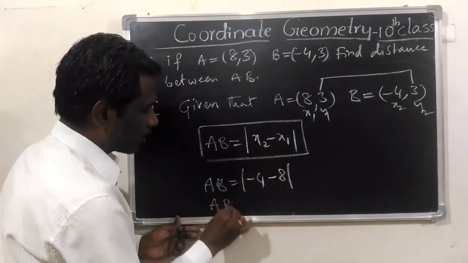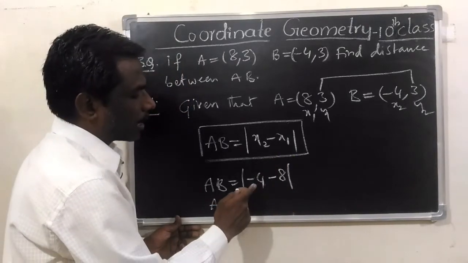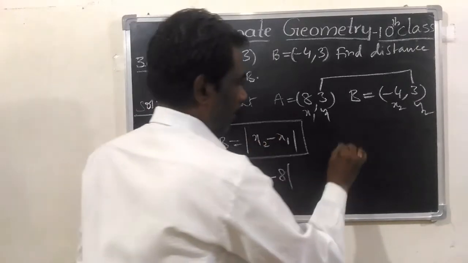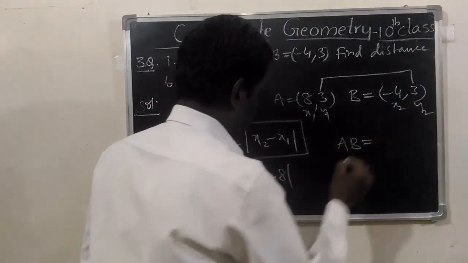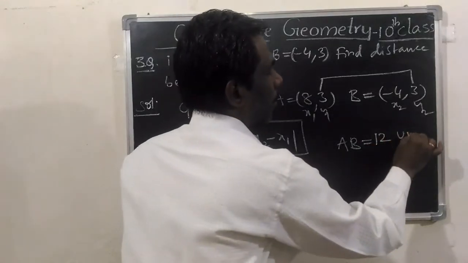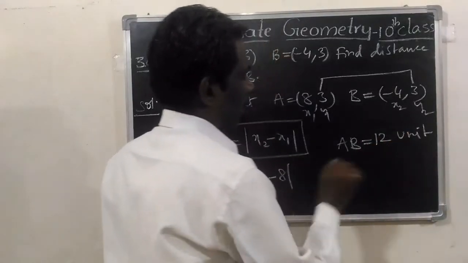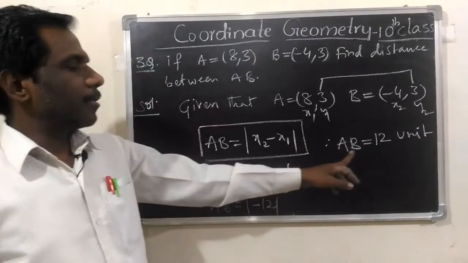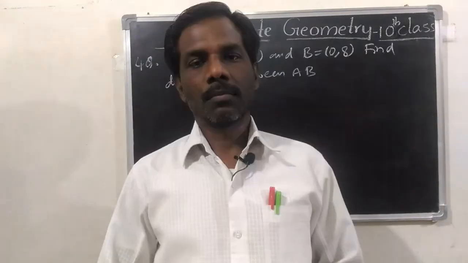So AB is equal to mod of minus 4 minus 8, which is minus 12. So we can write now AB is equal to mod minus 12, which is 12 units. Therefore, the distance between AB is 12 units.